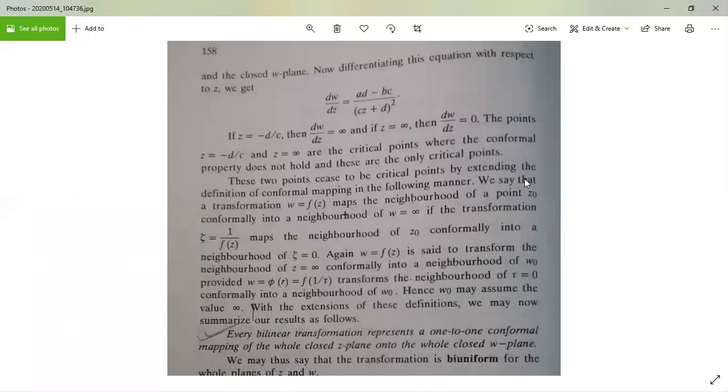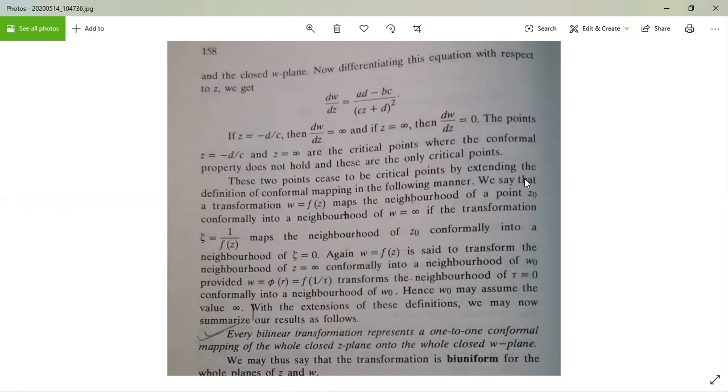Differentiating with respect to z, we get d omega by dz equals ad minus bc by (cz plus d) whole square. Then, if z equals minus d by c, then d omega by dz equals infinity. And if z equals infinity, then d omega by dz equals 0.